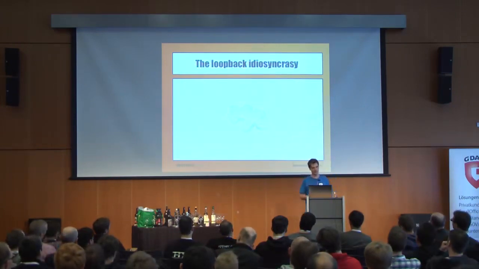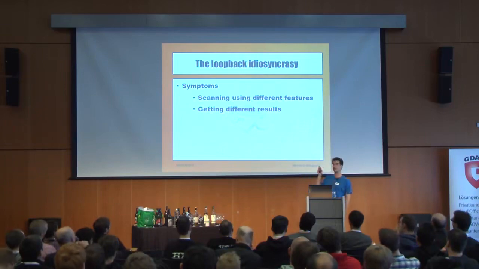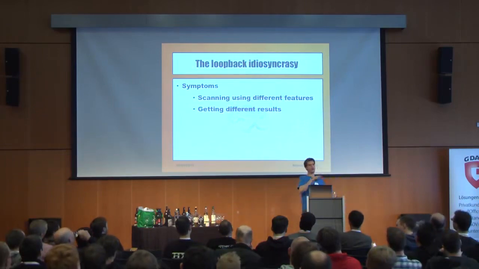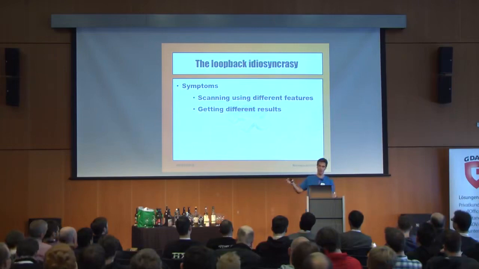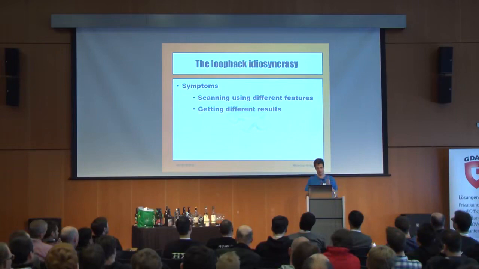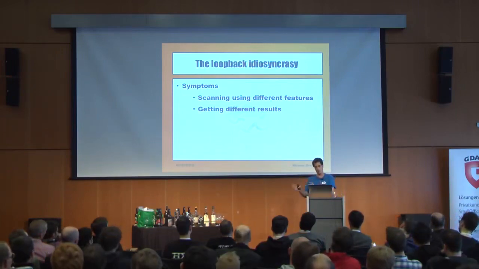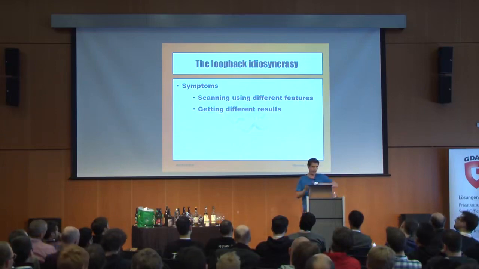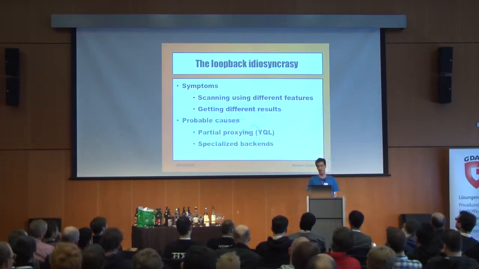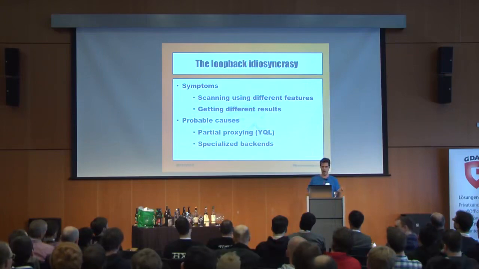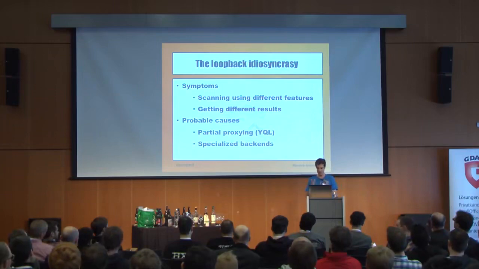The loopback idiosyncrasy. The symptoms are that you have one large application, you have several SSRF vectors, and you are scanning, for example, loopback, using all these features. And you have different results. So via one feature, port 22 is open, and via another one, it's not. Most of the time, it's because you have partial proxying, so only part of the features are going through proxies, and the other ones are going to the internet in a direct way.